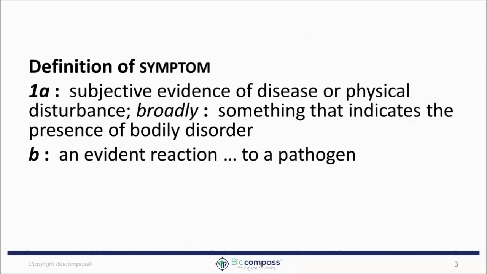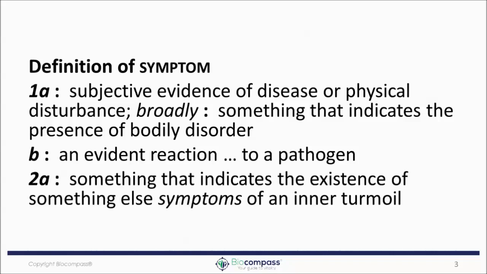A very evident reaction, for example, to a pathogen, something that's supposed to create a disease, and something that indicates the existence of something else, symptoms of an inner turmoil.